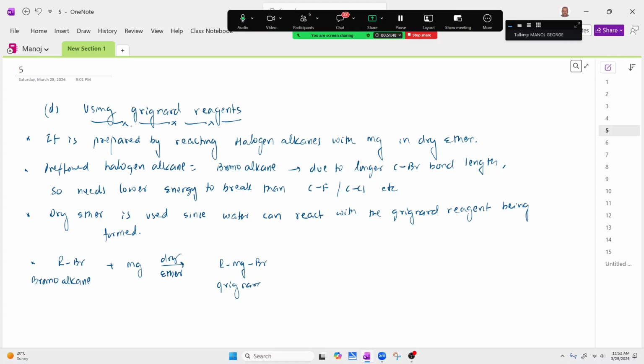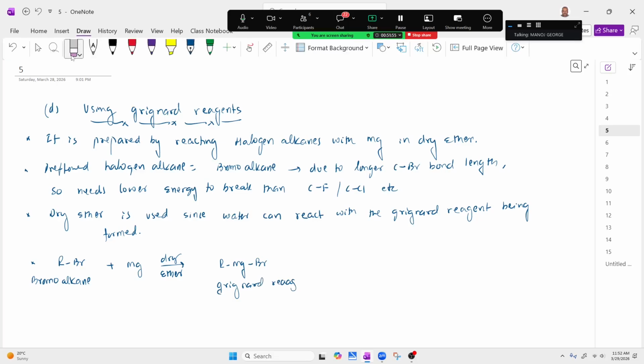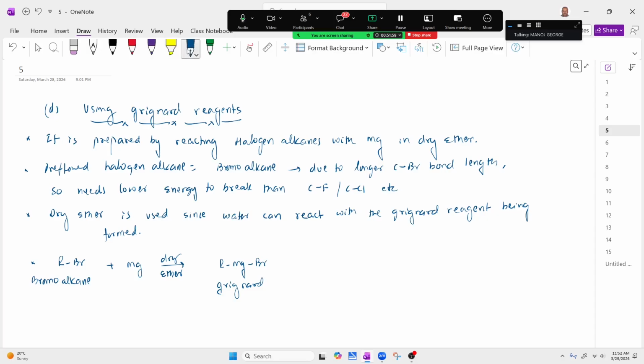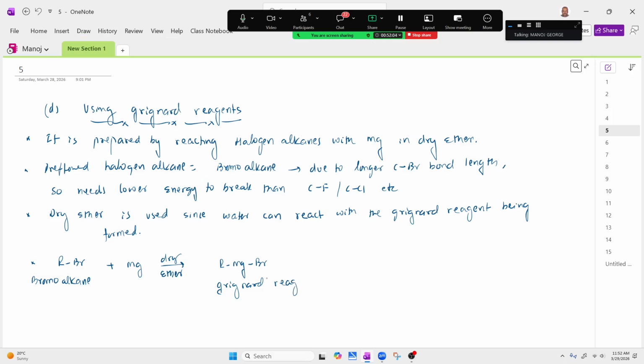I know, you may say, "Oh, this is nothing very fancy." Wait till you get questions. So you need to have this understanding. How do I figure out what should be the R? That's where the challenge is. So this is the Grignard reagent. Very simple, this is just an outline of how it's done. Take a bromoalkane and react it with magnesium.